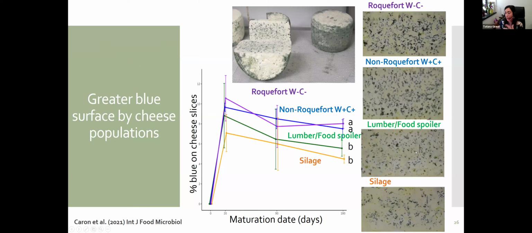And then we made experimental blue cheeses, and we found that the two cheese populations made bluer cheeses than the silage or food spoiler population. You can see here much more blue in the cheeses. So it looks like indeed there has been selection for being bluer in cheeses.